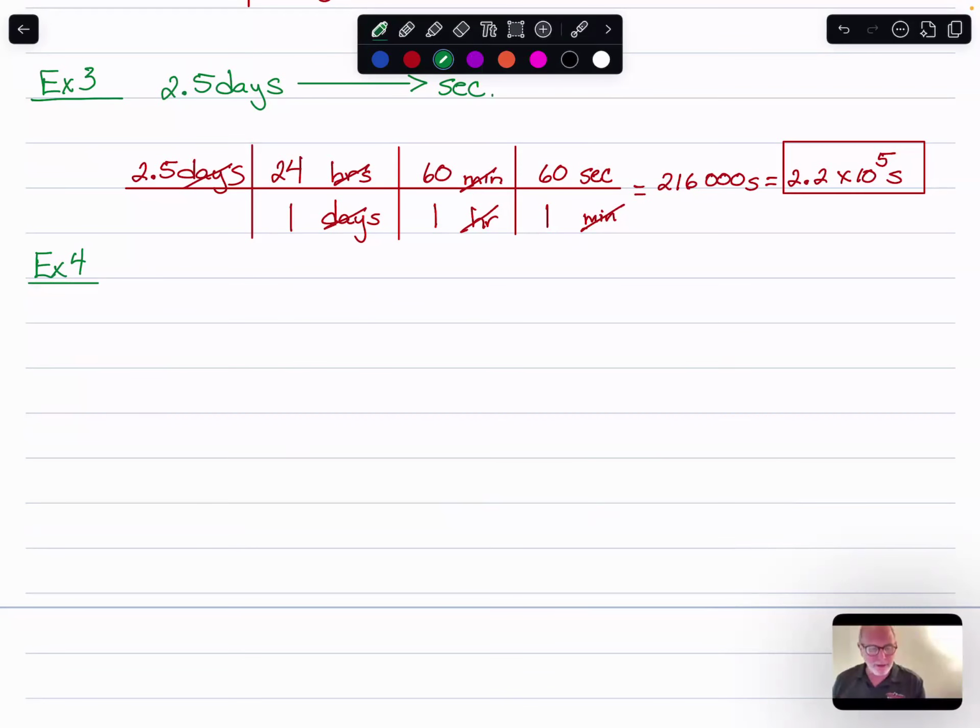In this case, suppose a cyclist, a bicycle person, rode 42 kilometers in exactly 1.50 hours.